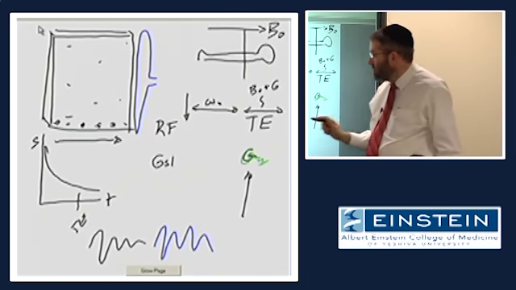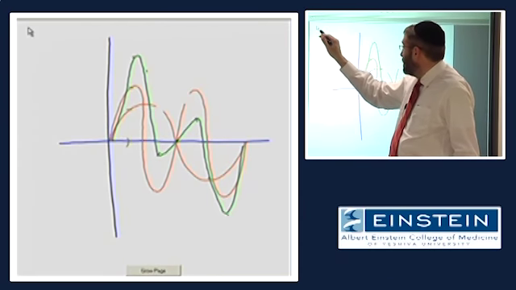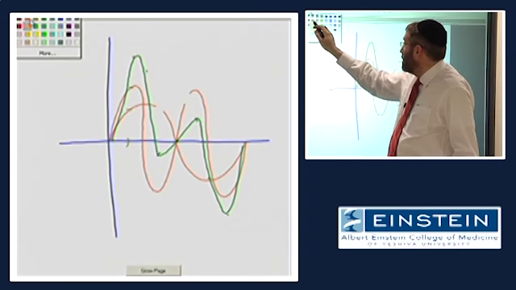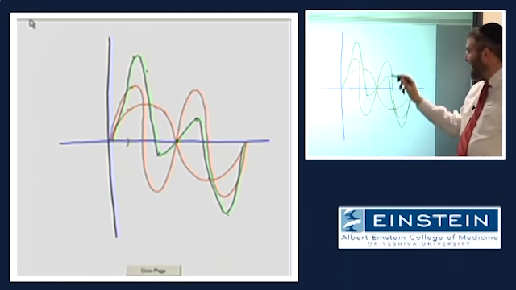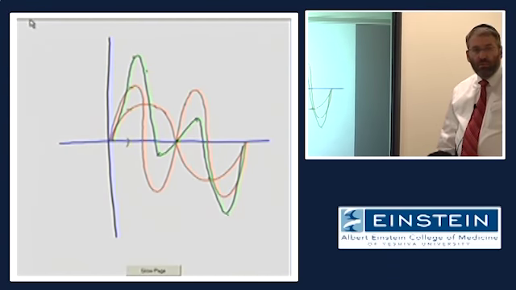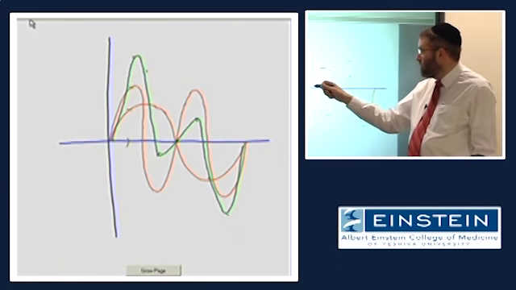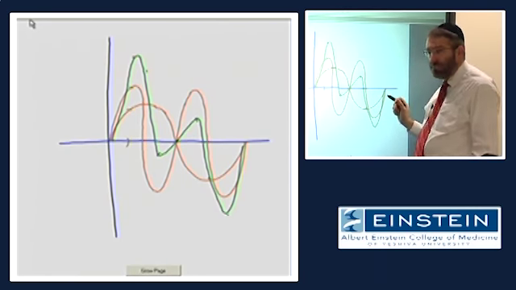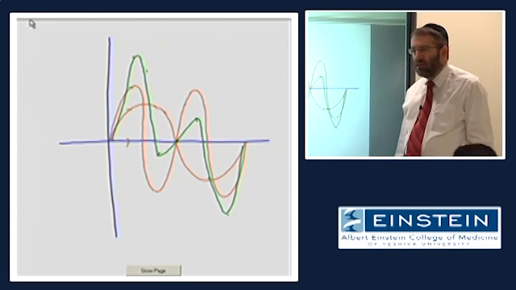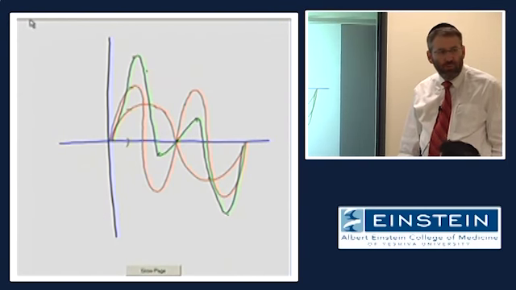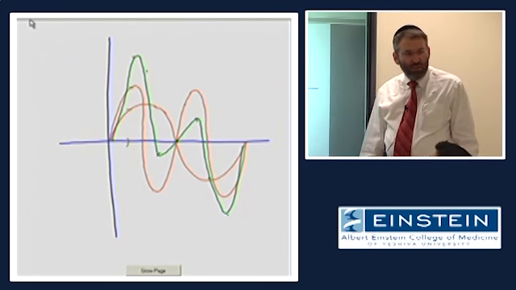Okay? So this process over here where I added together these two sine waves to construct this complex composite function, does anyone know what that's called? Anyone? Well, it's a reverse Fourier transform.